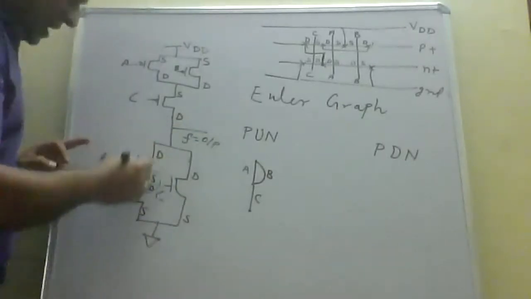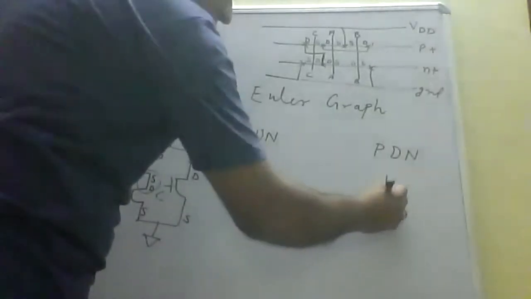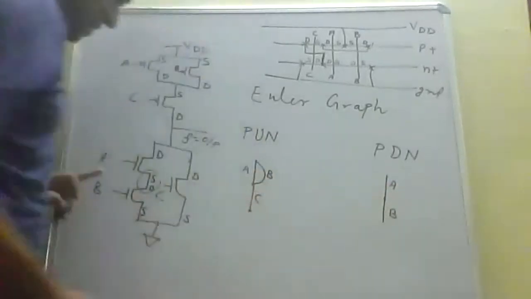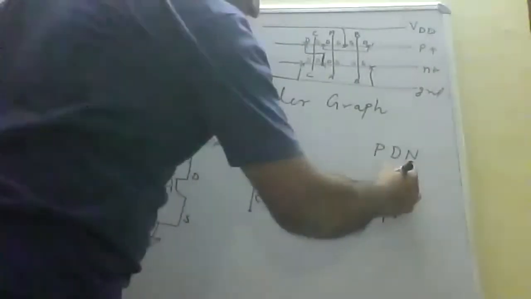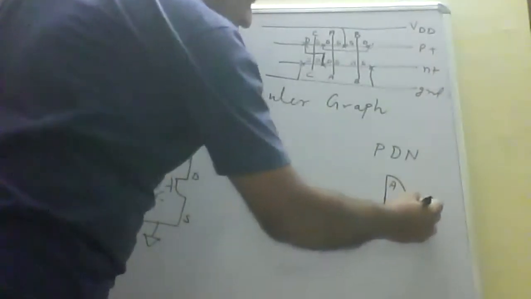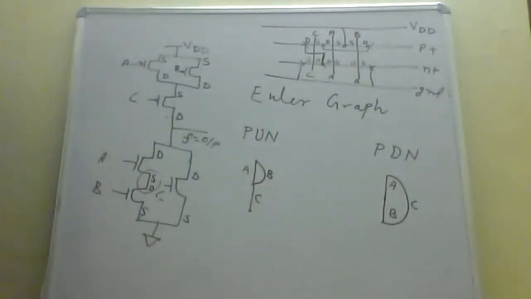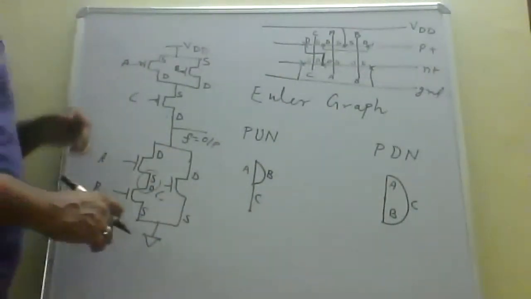And the pull-down network graph will be: A and B are in series, and C is in parallel. So this is the pull-down graph. Now, what is the use of this pull-up and pull-down graph?